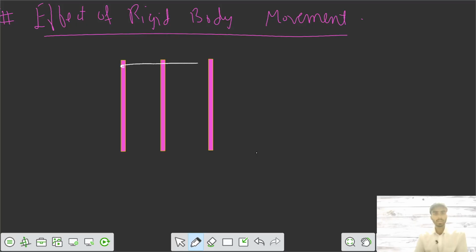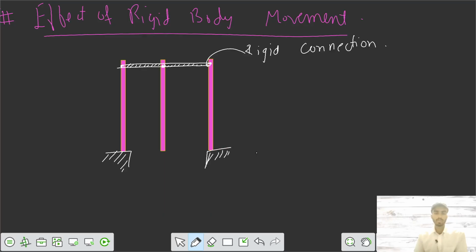So you are connecting the three bars by another bar that's rigid. That's making them a rigid connection. Say this is resting on some support. This one is also resting on some support, but this one is free, and you apply force P on the middle bar. This one is bar 1, this bar is 2, this bar is 3.